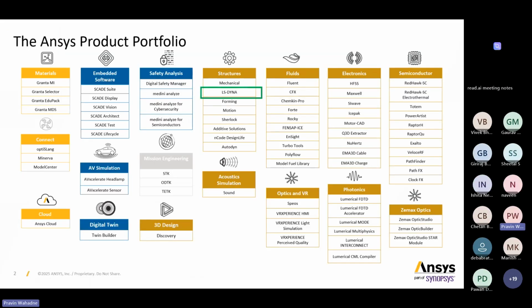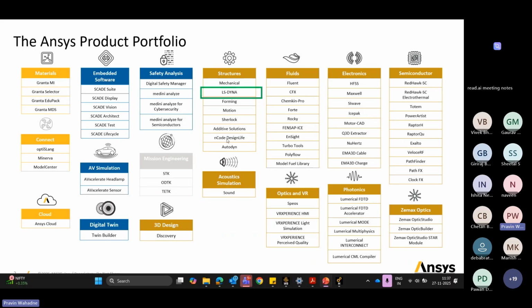So let's start with the Ansys product portfolio. Ansys has a broad portfolio, with a presence in almost every segment. Starting with the structural point of view, we have tools like Ansys Mechanical, Forming, Motion, Shell Log, Additive Solutions, Encode, Design Life, and Autodyne.